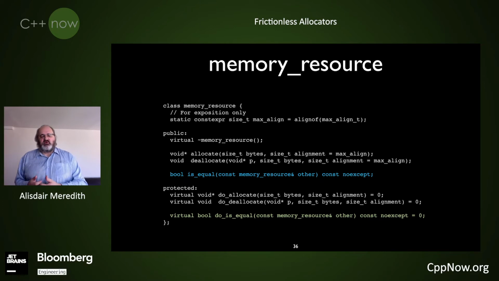I'm not aware of many strong use cases for overriding do_is_equal, but one example might be if I'm writing an allocator adapter that adapts a more traditional C++ allocator and hosts it with a memory-resource-like interface. I might want to delegate the answer to that question back to the underlying objects themselves. So I might do is-equal with a dynamic cast, to see if the wrappers are the same kind of thing, and if so, can they interoperate? So it gives you a customization point for that. I don't think it will be used very often.